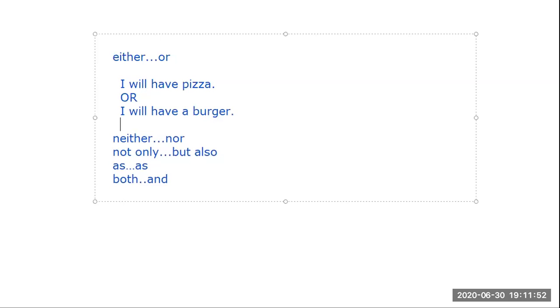So the joint sentence will be I will have either pizza or a burger. Okay, so we have a choice of two things.